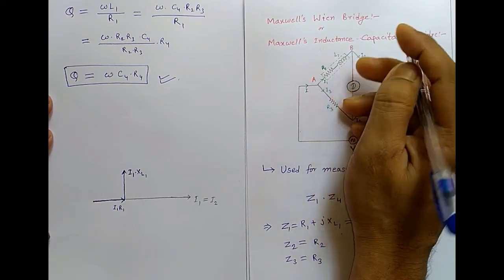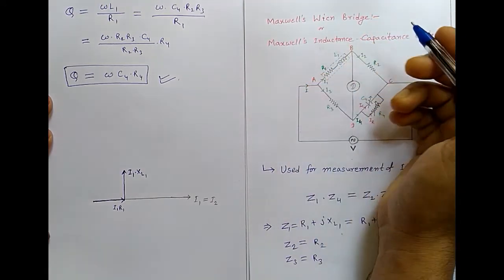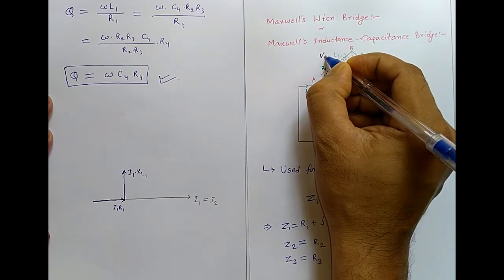The resultant of the voltage drop across this resistor plus this inductor gives us the voltage across the arm AB. Let us assume that this is V1.